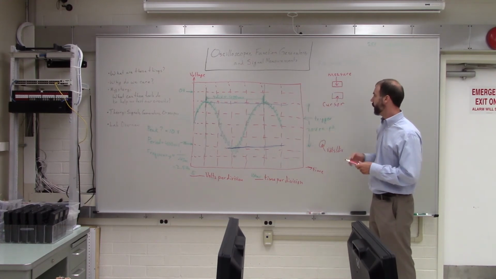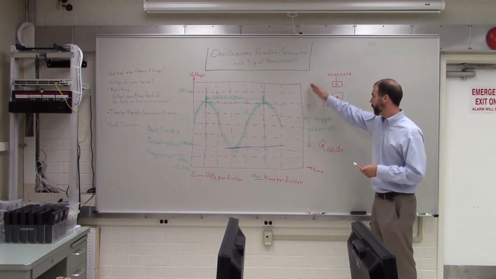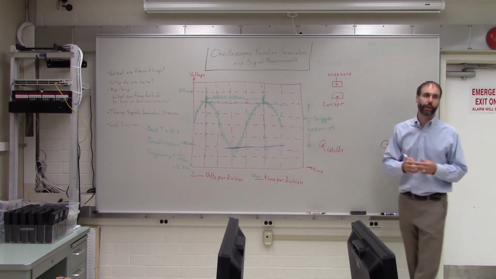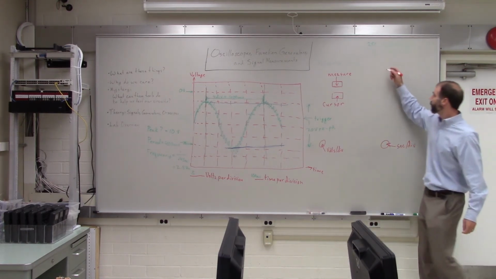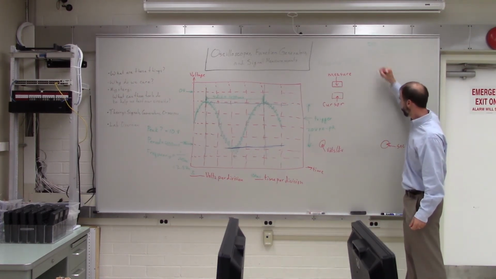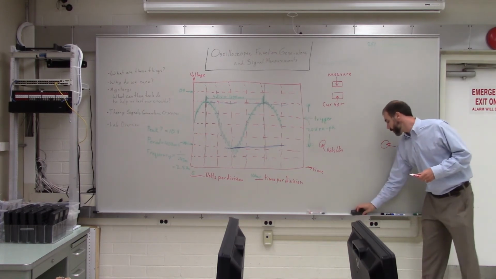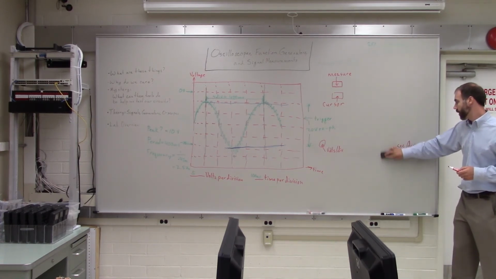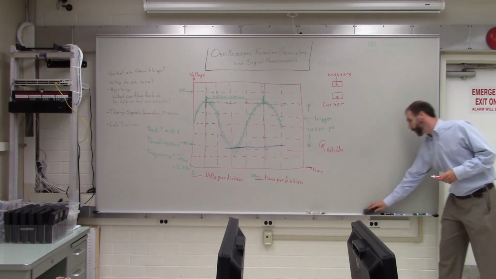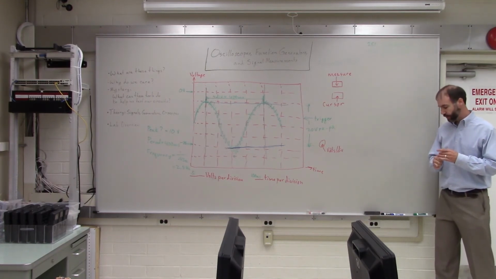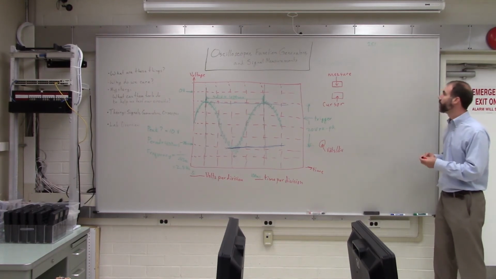It's not labeled specifically, but one of the menu buttons on the right-hand side will allow you to change the coupling. So let me do a quick diagram here to explain the difference between AC coupling and DC coupling.